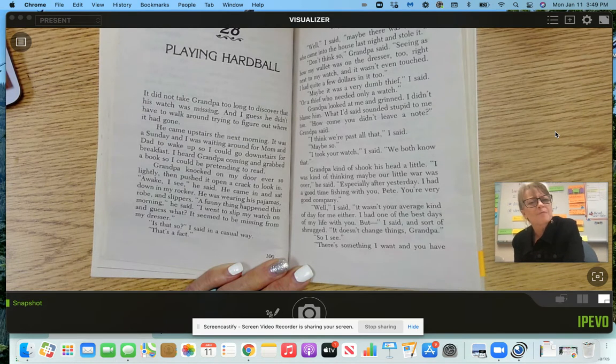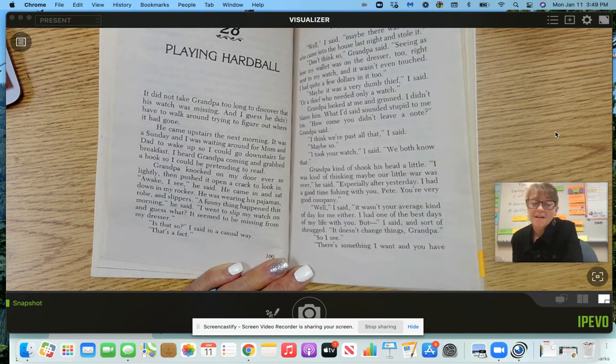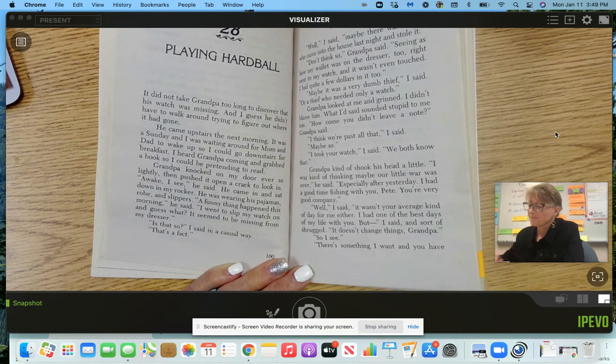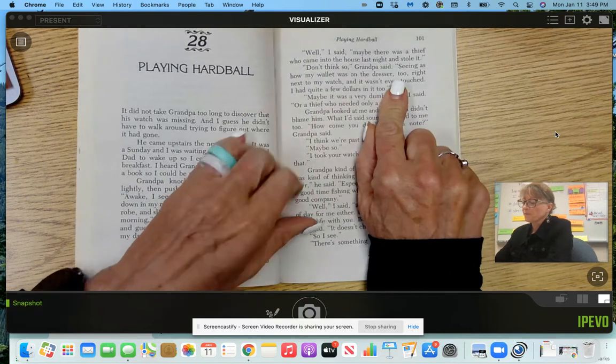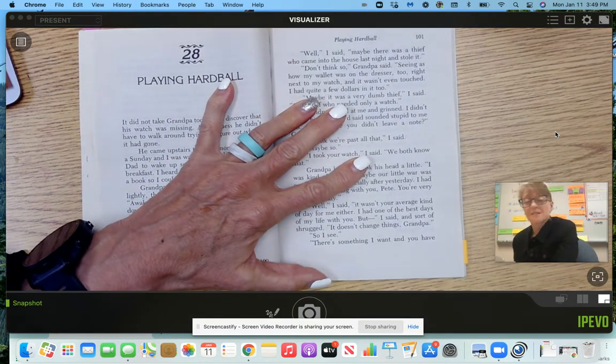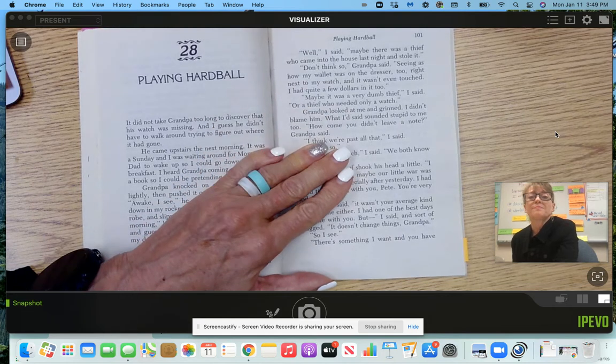"A funny thing happened this morning," he said. "I went to slip my watch on, and guess what? It seemed to be missing from my dresser." "Is that so?" I said in a casual way. "That's a fact." "Well," I said, "maybe there was a thief who came into the house last night and stole it."